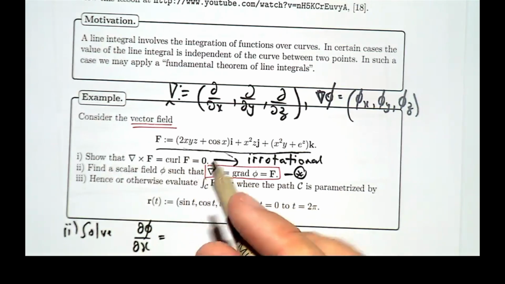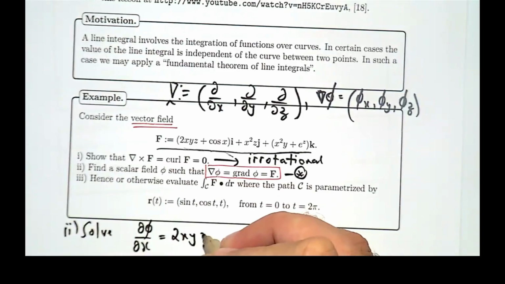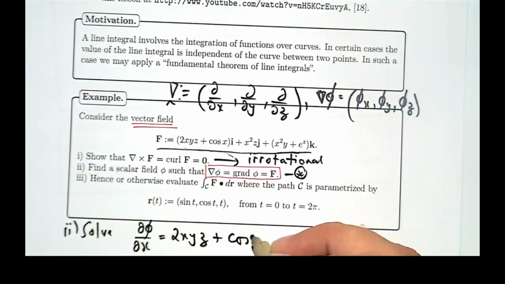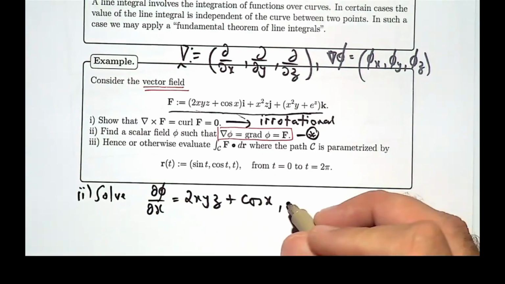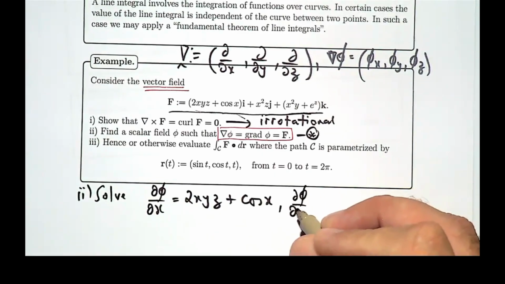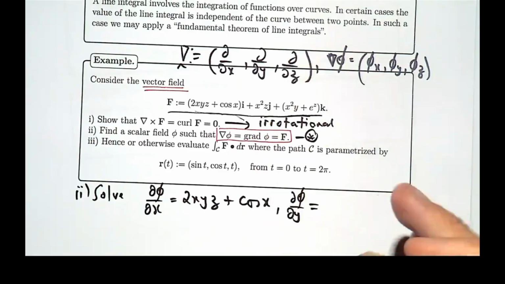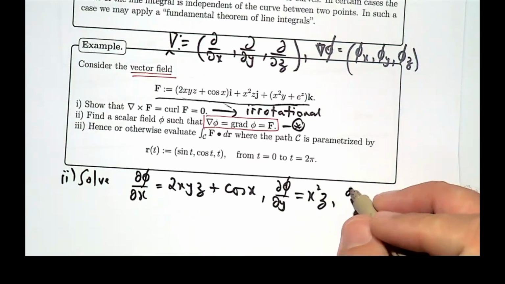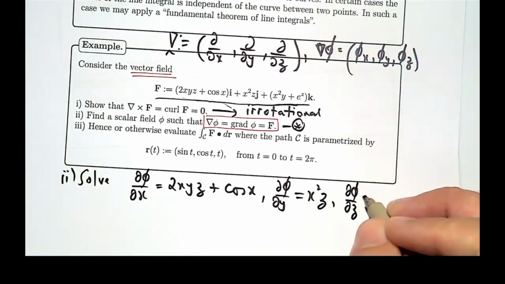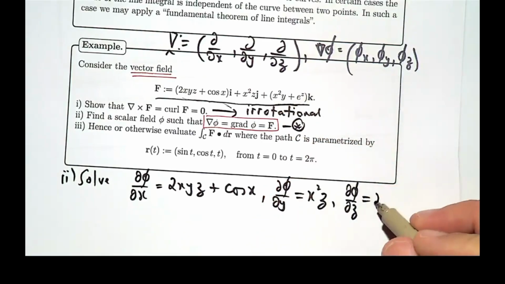d phi dx equals that. d phi dy equals x squared times z and d phi dz equals that.